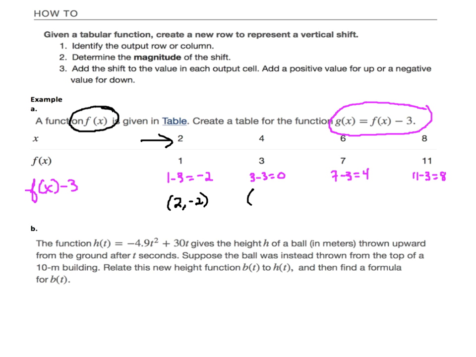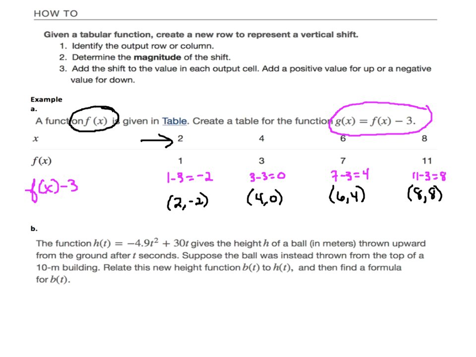The only thing that's changed are the outputs. We have the point (4, 0), (6, 4), and (8, 8). And there's your new points that you could then go graph.